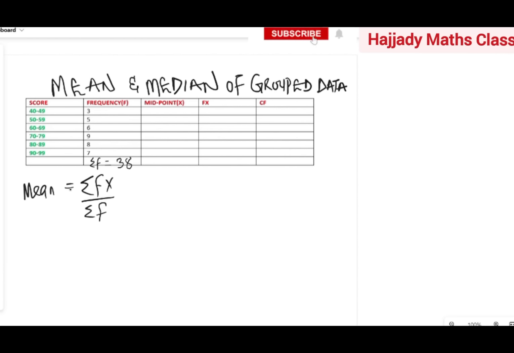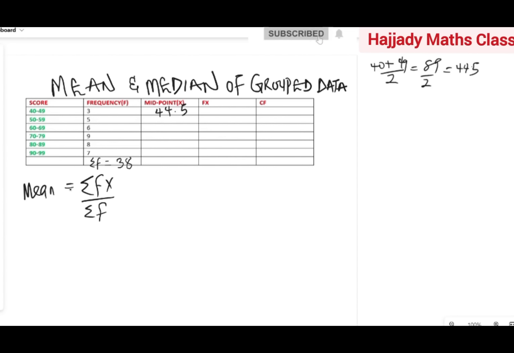Now calculating our midpoint, because the midpoint is going to stand for our score. Calculating the midpoint between 40 and 49, on a rough sketch, we have 40 plus 49 over 2, which is 89 over 2, and that gives us 44.5. So the midpoint of this is 44.5.